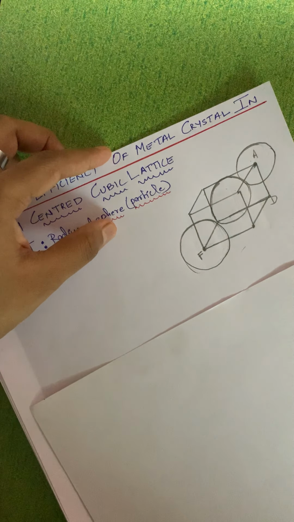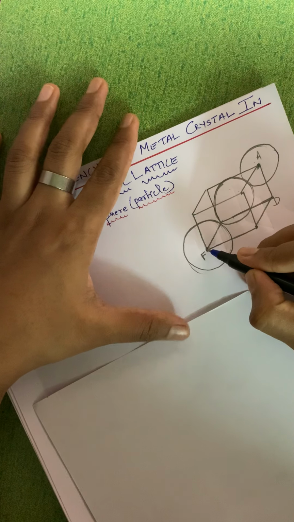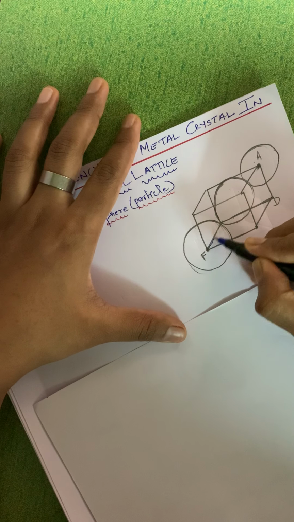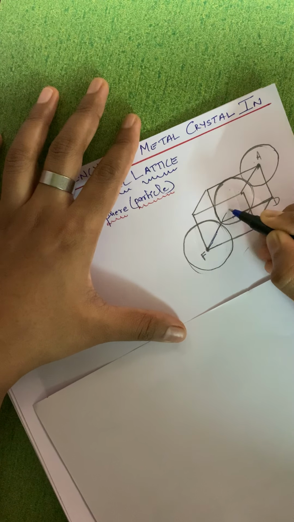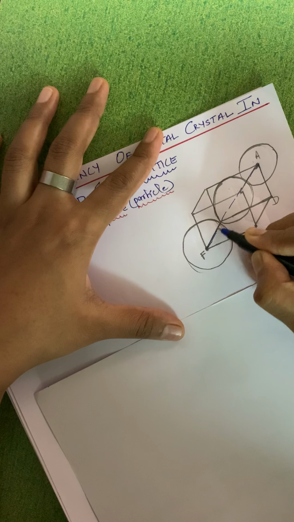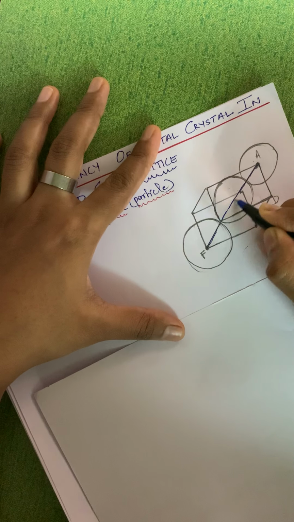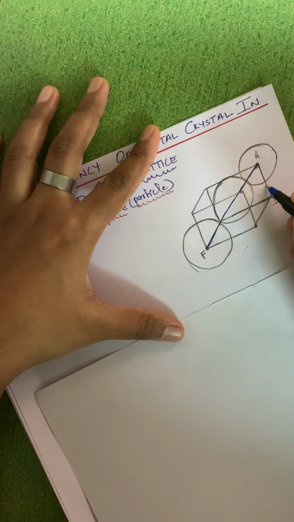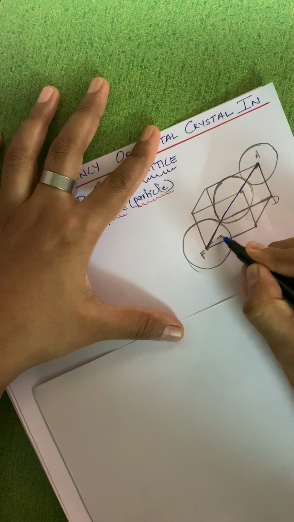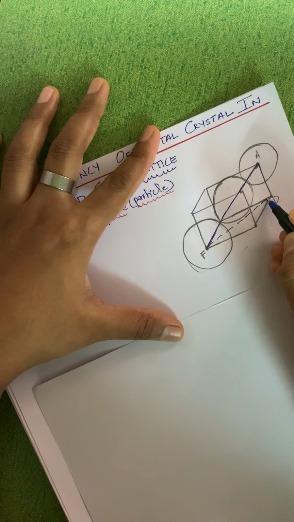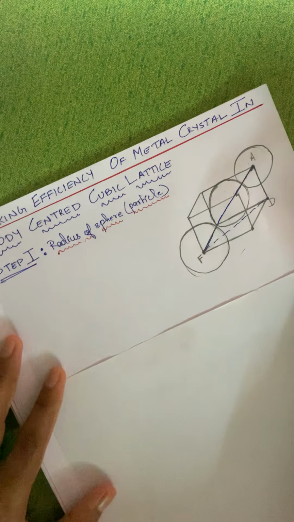Okay, so if I'll join that one, this thing, and I have to make a right angle triangle. So to make a right angle triangle, this line, this thing, and here I have to join. Then only I'll get a right angle triangle.